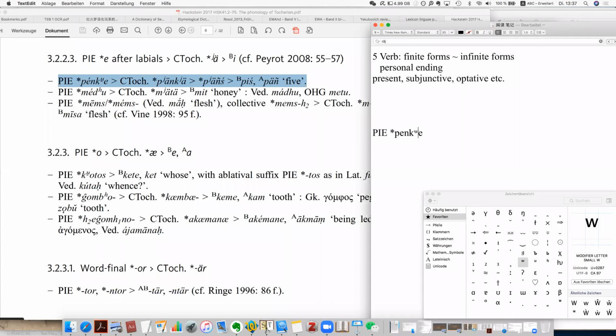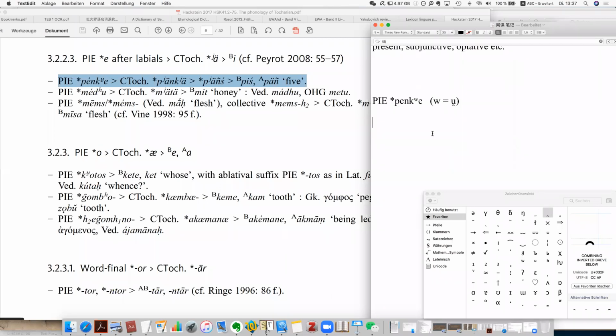I write it like this. This wa is the same as this one; they are just different ways to write. Okay, so this is five in European languages.